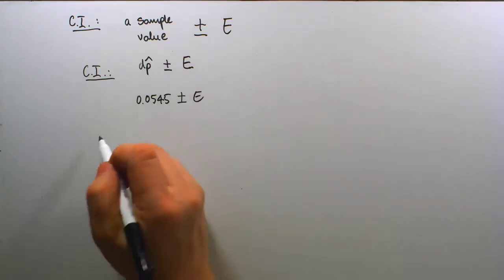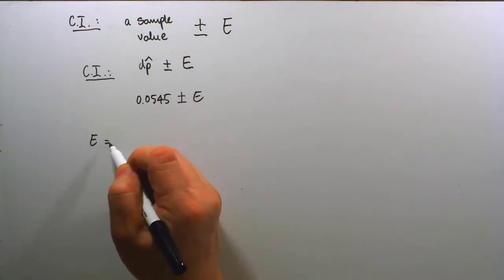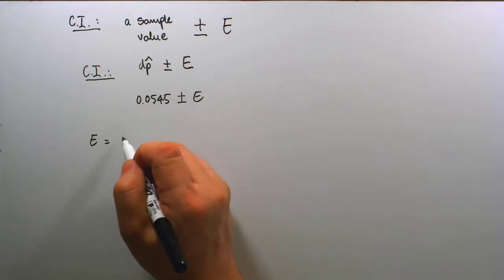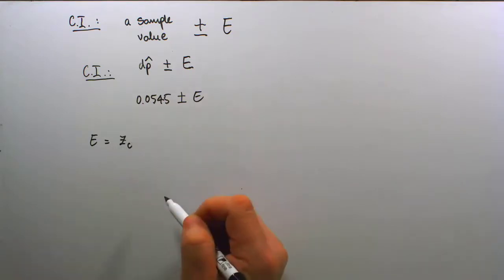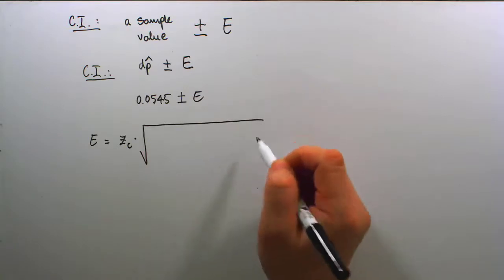And so the margin of error, as we have learned back in the general lecture, together with the example given there, we know that margin of error must be done by z sub c multiplied with the square root.